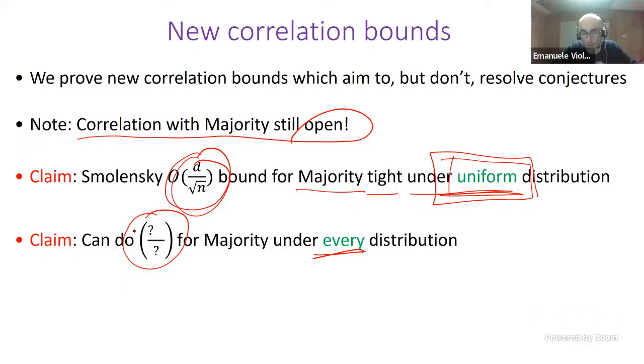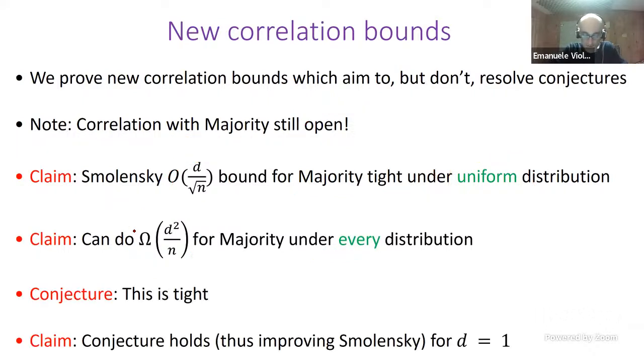Actually, I don't know. It's still open, but some new bounds are being proved. I think maybe it's still d over root n. It's not. So this next claim does not refute what you said, but the one at the bottom does. It can be shown that you can have polynomials which have correlation quadratic in this, so d square over n, under every distribution.